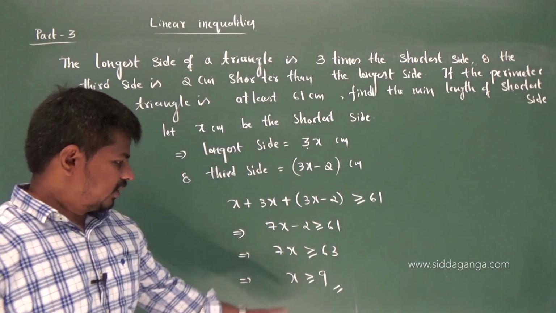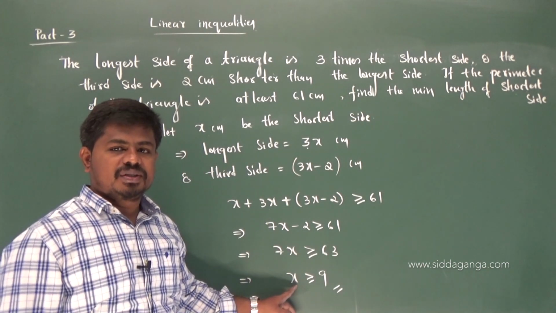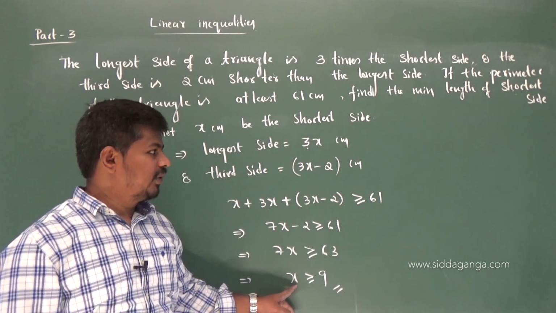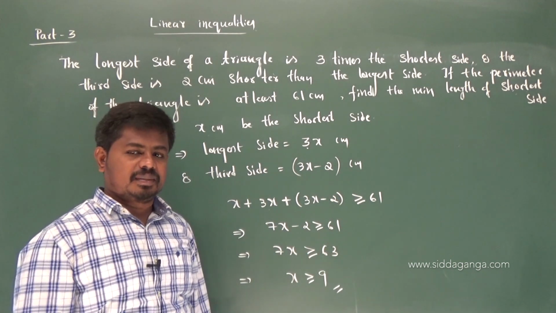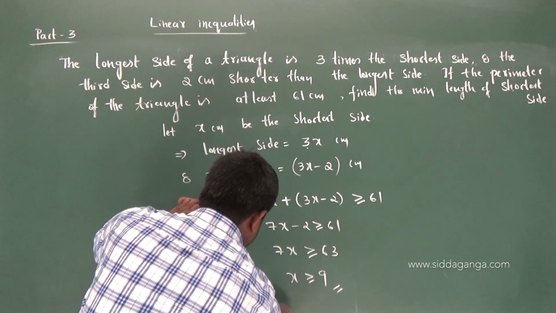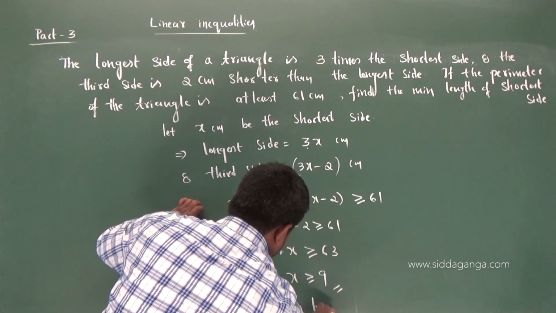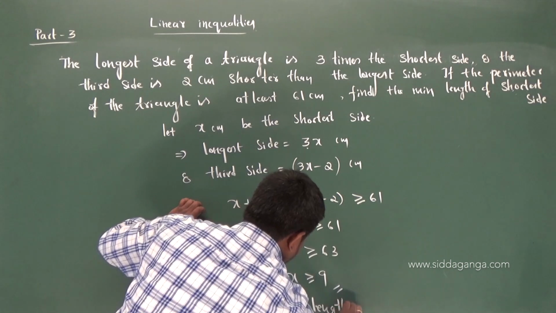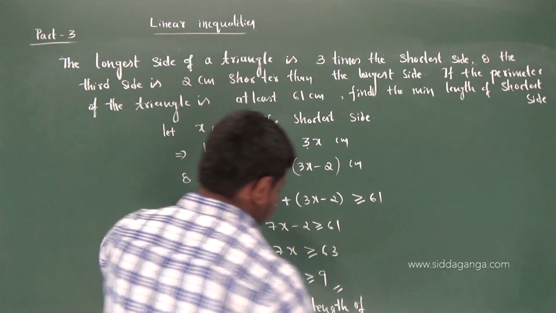So the minimum length of the shortest side must be 9 centimeter. Then only you get the minimum perimeter of the triangle, 61 centimeter.